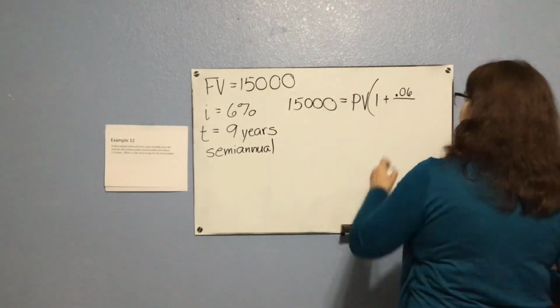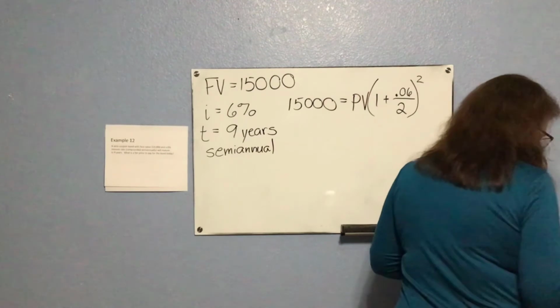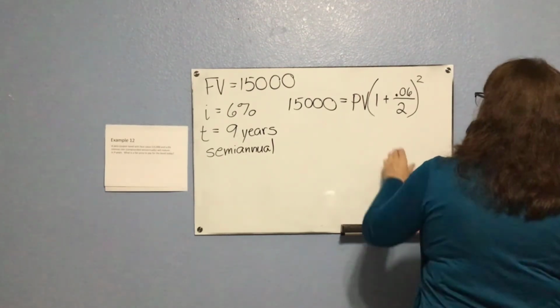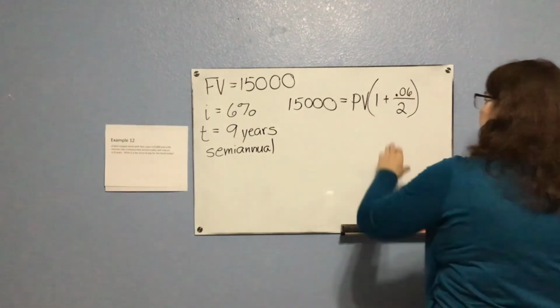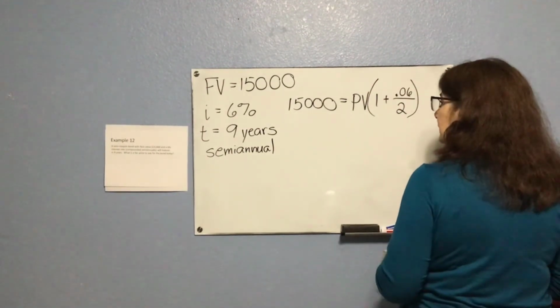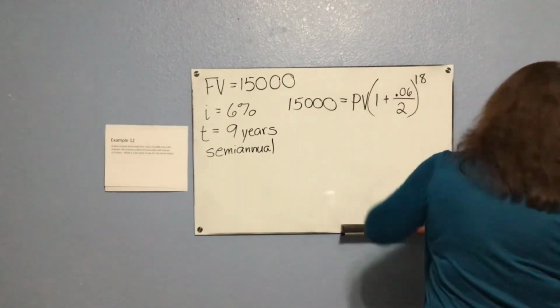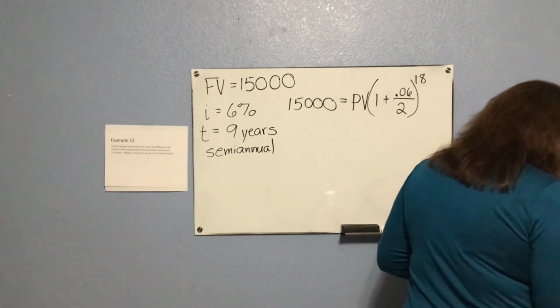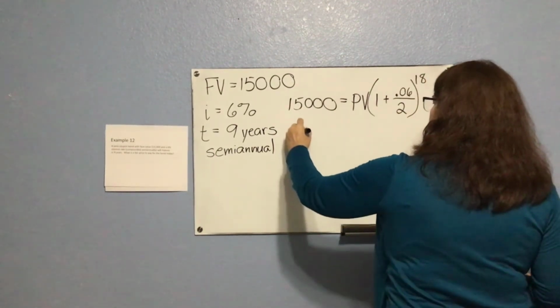And since it's semi-annual, we divide by 2 and raise to the second power. No, we don't raise to the second power, because how many times will we get this interest payment? Twice a year for 9 years. So this is the 18th power. My apologies. So now we can take all this, put it under the 15,000.